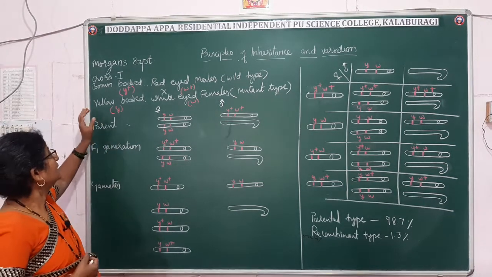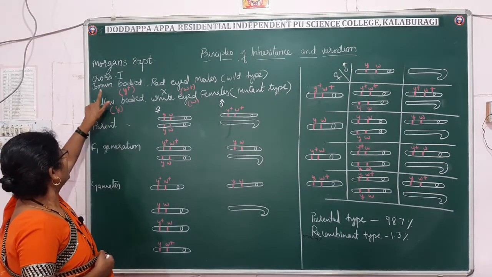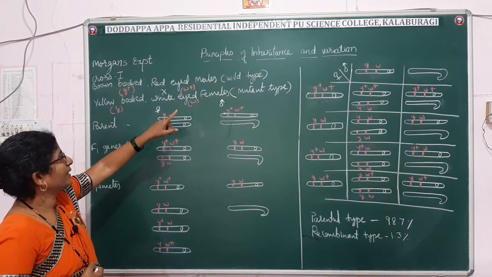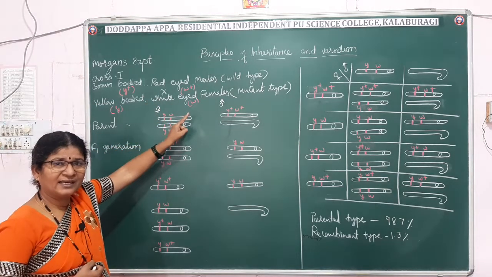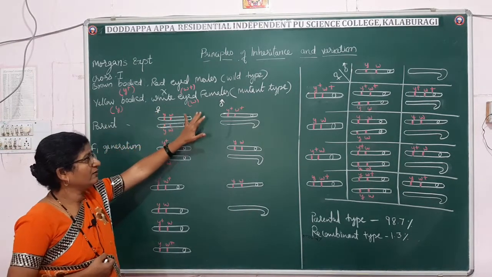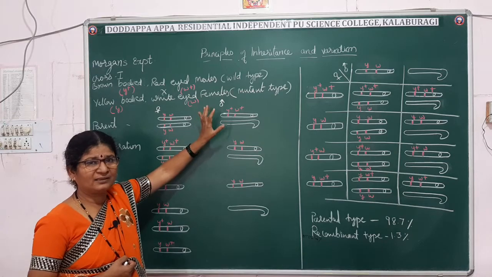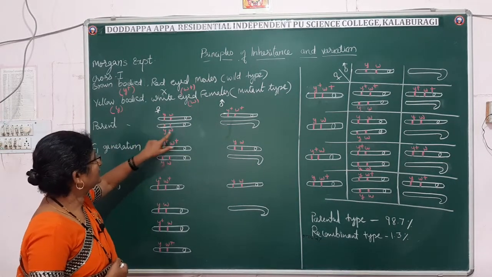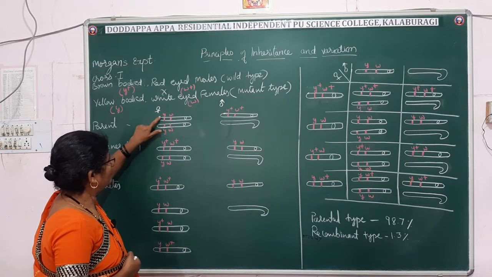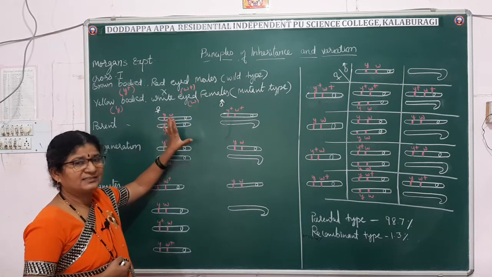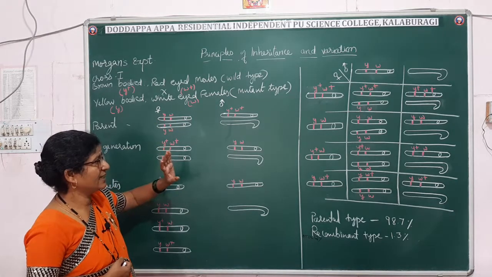So he took brown bodied, red eyed males, which were wild type and dominant, and yellow bodied, white eyed females, which are mutant type and recessive. We drew the chromosomes and indicated the genes on them, and the same is done in the NCERT book.